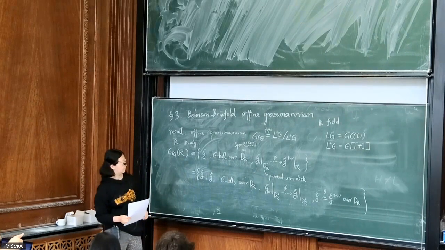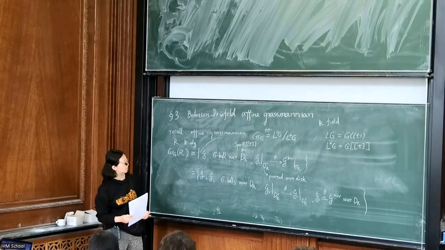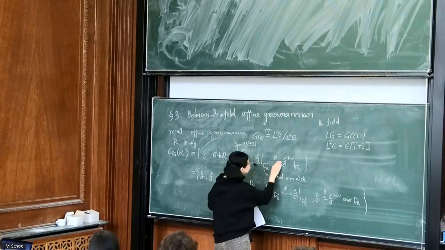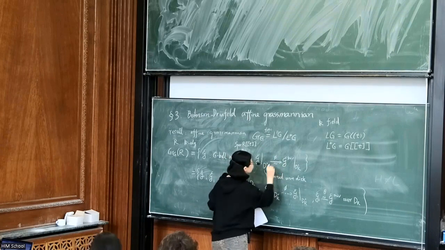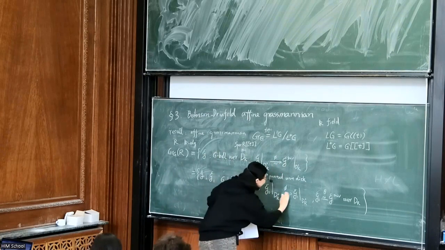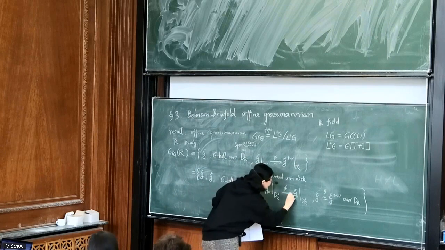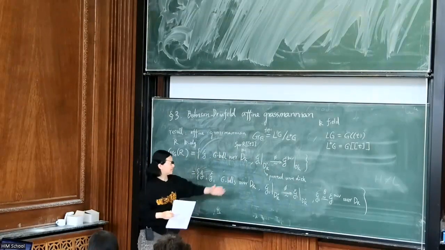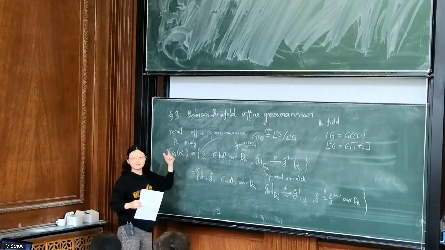You already restricted to the punctured disk, so why do you still write the dotted arrow? Oh, yes, it's an isomorphism. So it's an isomorphism outside the 0 point.